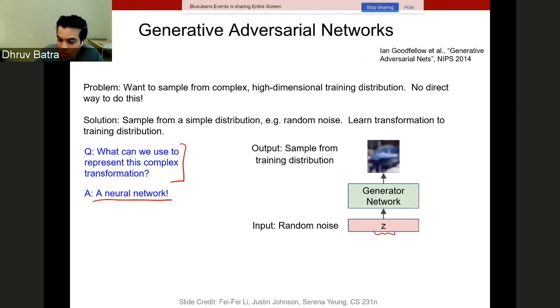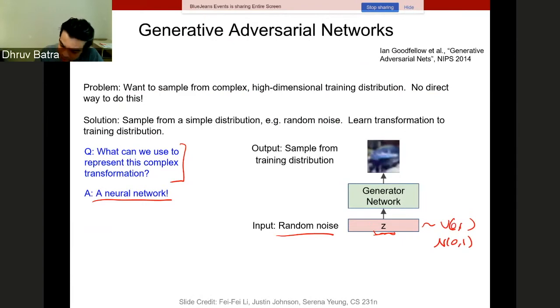Using similar notation to the VAEs, our input random noise, instead of using a U, I'm going to use a Z to form an analogy with respect to VAEs and latent variable models. This is a random variable. I know the distribution of this random variable. I typically set it either as uniform between 0 and 1 or some standard normal.